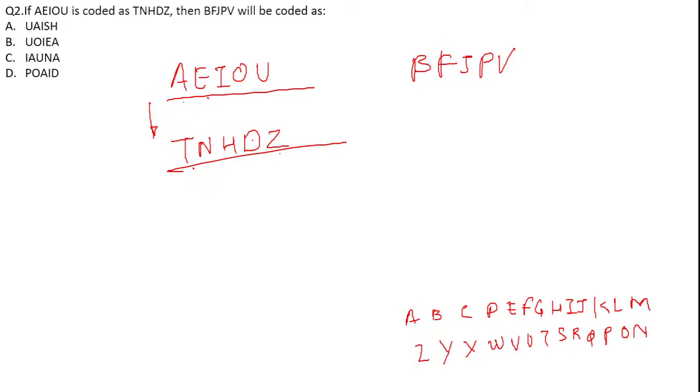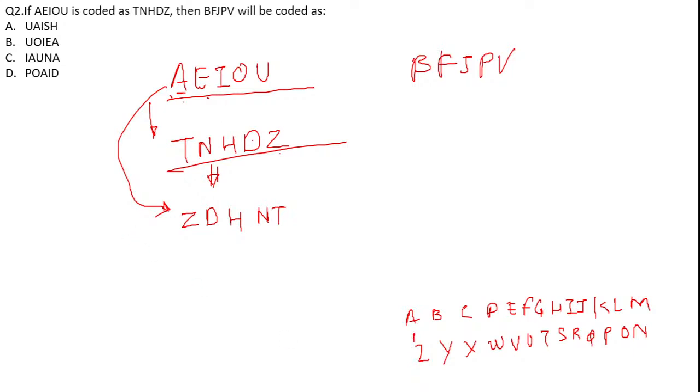So if we write this series as Z, D, H, N and T, okay, so if we see, they have taken the previous letter to A. So previous letter to A is Z, correct?